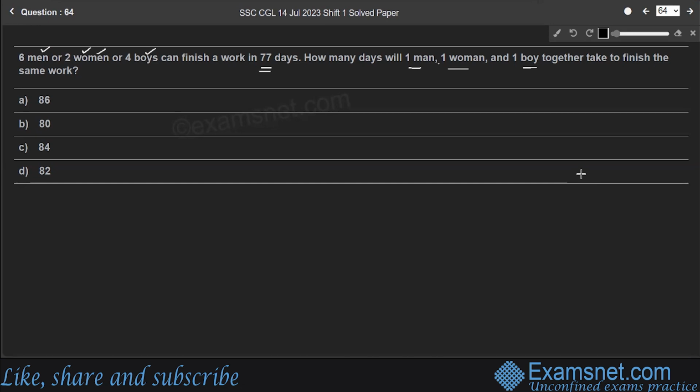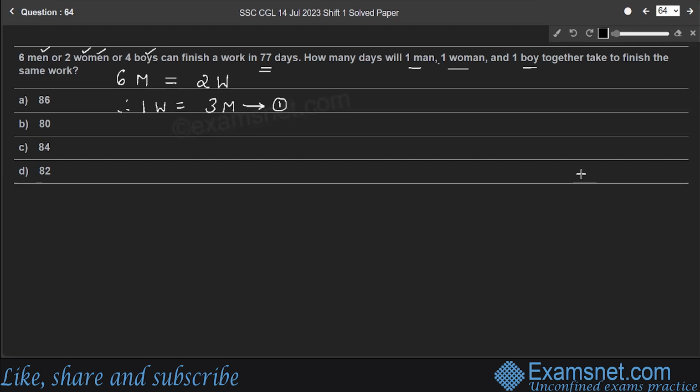Therefore, we can say 6 men, here M stands for men, right? 6 men is equal to 2 women, which means the efficiency of 6 men is equal to the efficiency of 2 women. Right? Therefore, we can say the efficiency of 1 woman is equal to 6 by 2 men, that means 3 men.